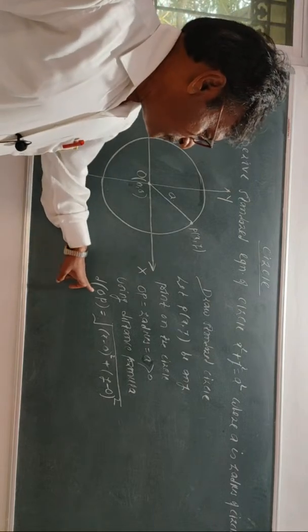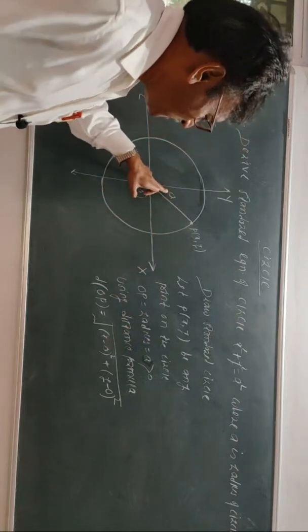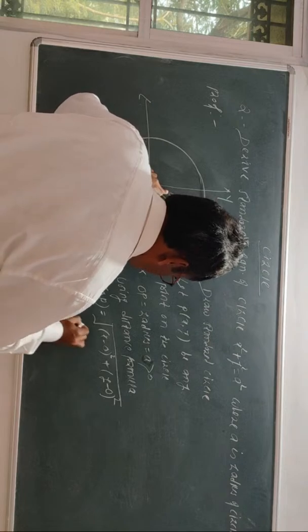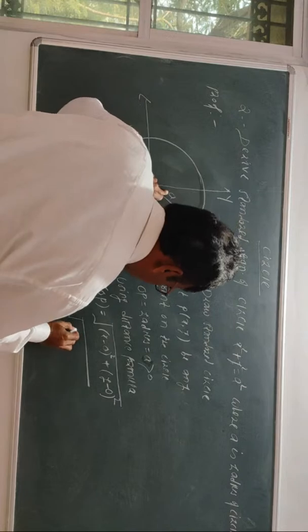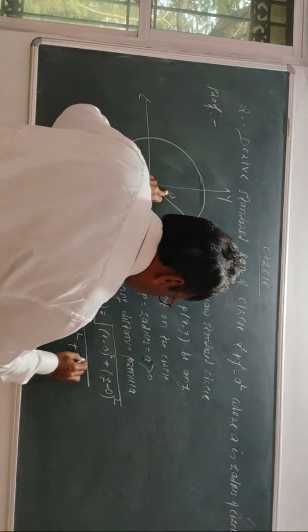But here distance OP is equal to a. So we write a is equal to under root x minus 0 square, that is x square, plus y minus 0 square, that is y square.